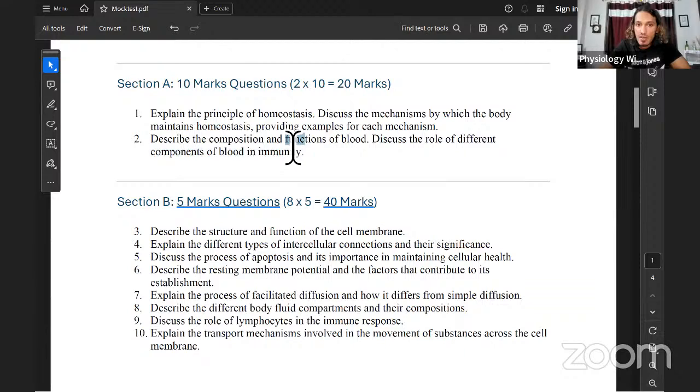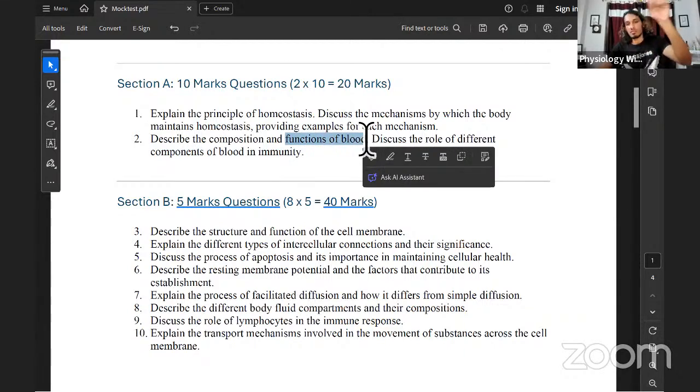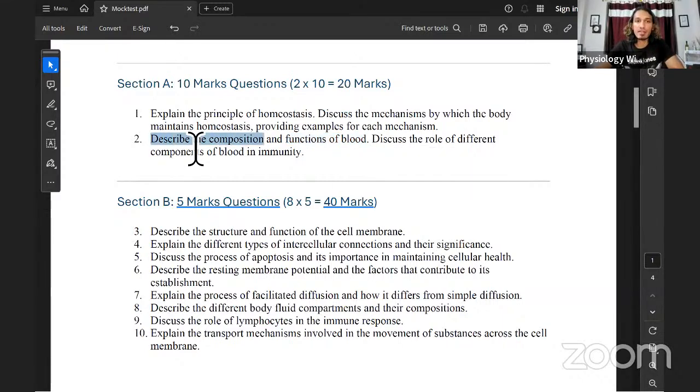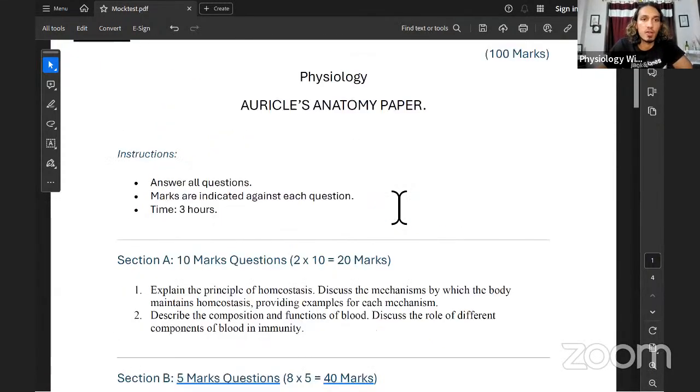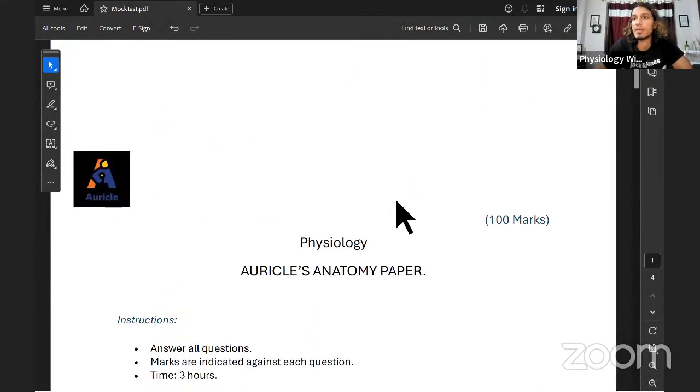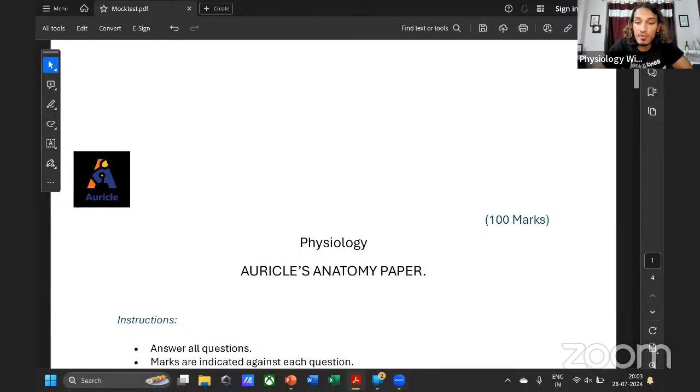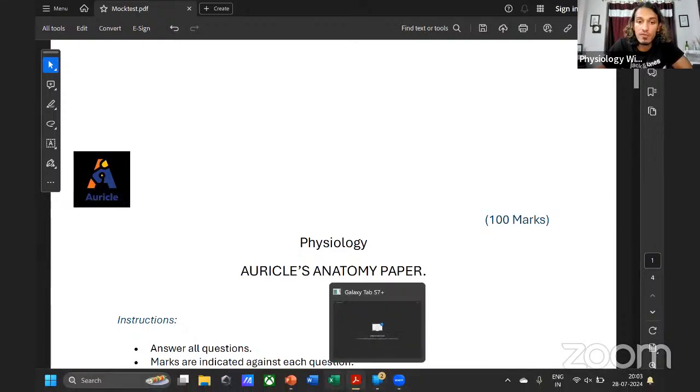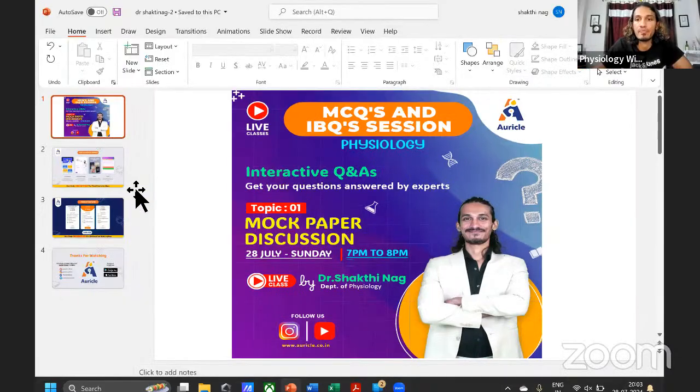On top of that, point wise, you can talk about the functions of blood and composition. So this is just a layout as to how you have to approach a question if it is coming like this, all of these questions. The major problem would be, again, trying to finish it in time.